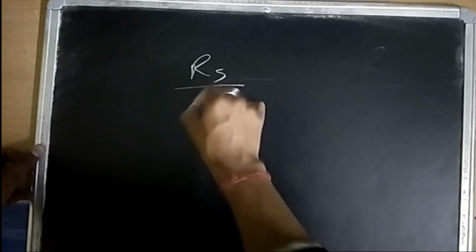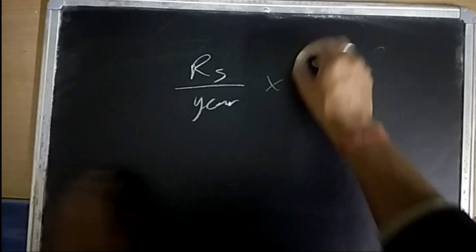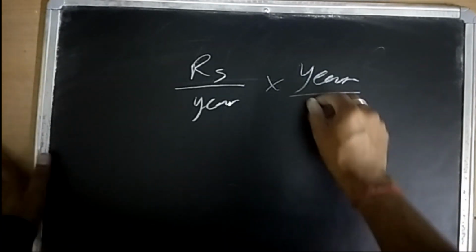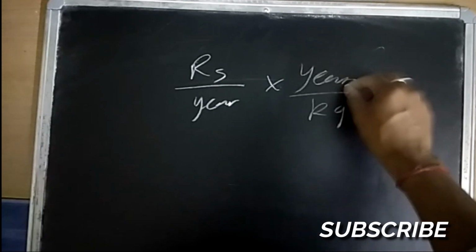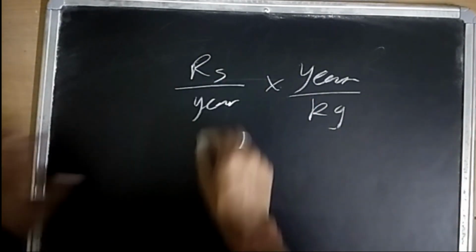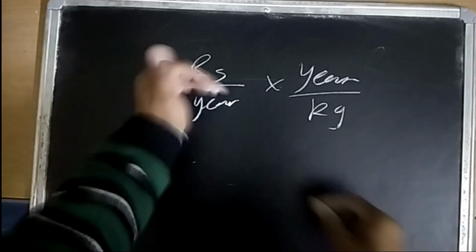Okay, next let me show you some trick to solve some questions. Like in some questions there will be rupees per year, let's say, and some kilogram, so some years, or let's say in this year, these years are taken for this kilogram process. So in some questions like this, like a word problem, units need to be matched.